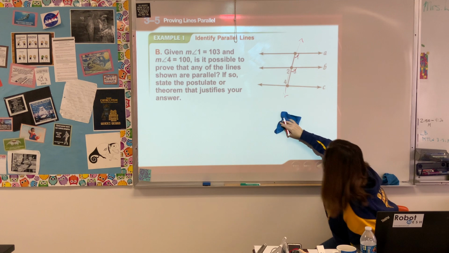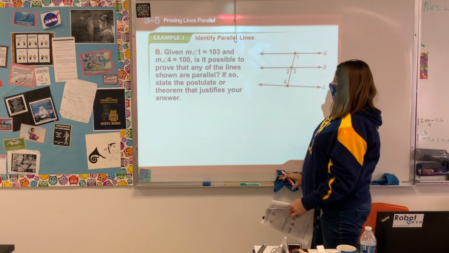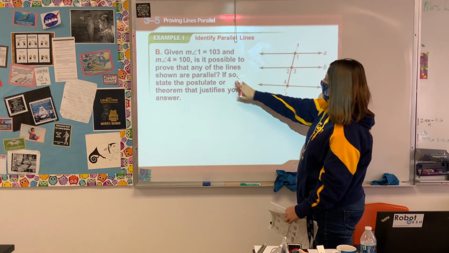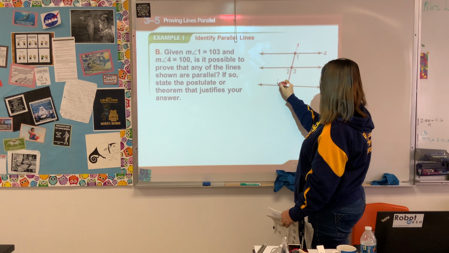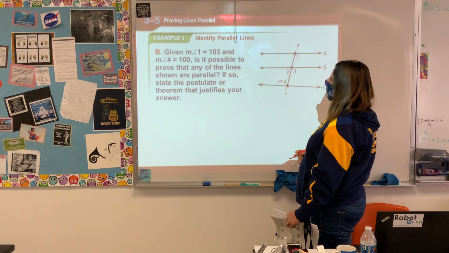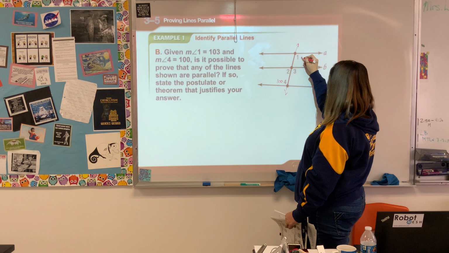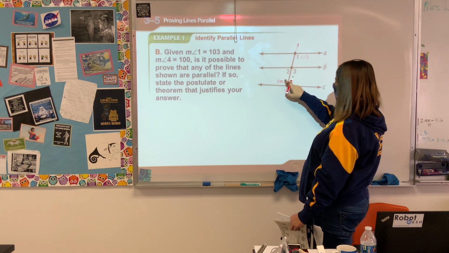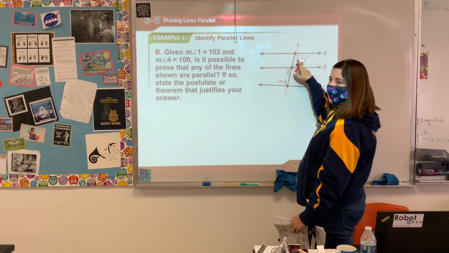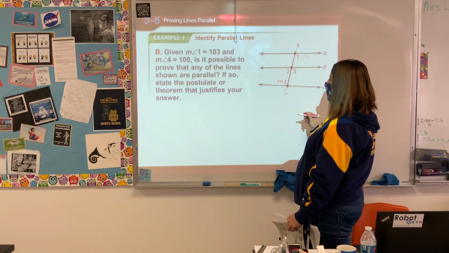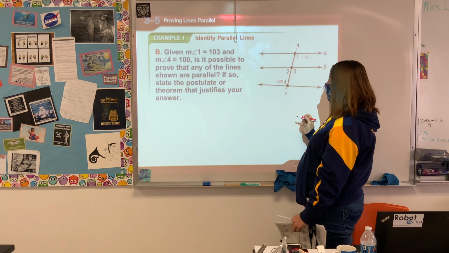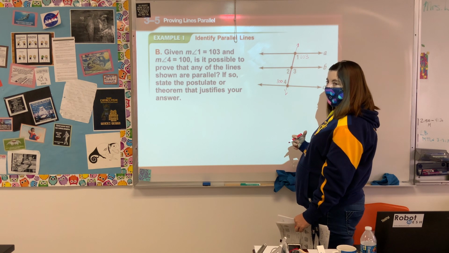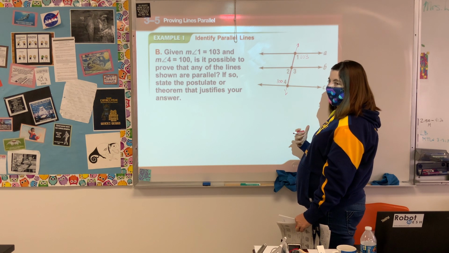Okay? So we still have the same transversal, but now they tell us that angle 4 is 100 and that angle 1 is 103. What type of angles are these? Alternate what? Interior? Alternate interior. Now, in order for lines to be parallel, what would their measures need to be if they're alternate interior?